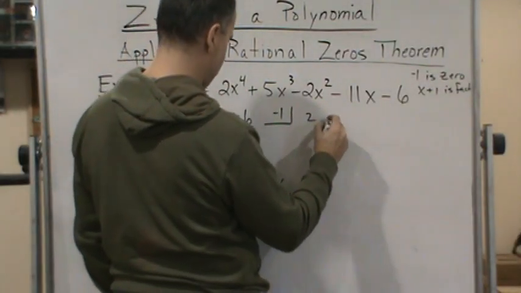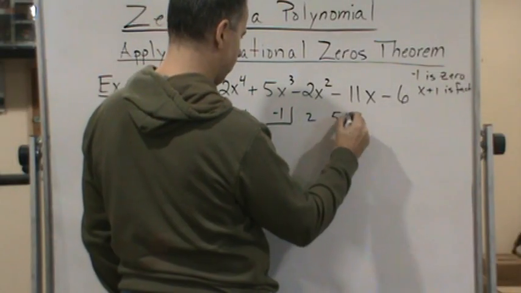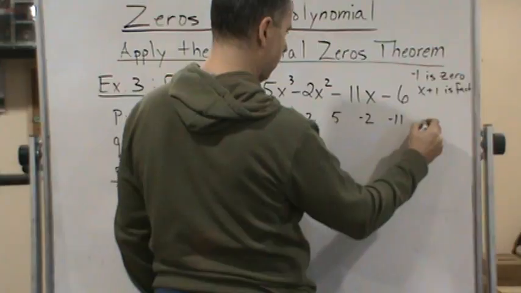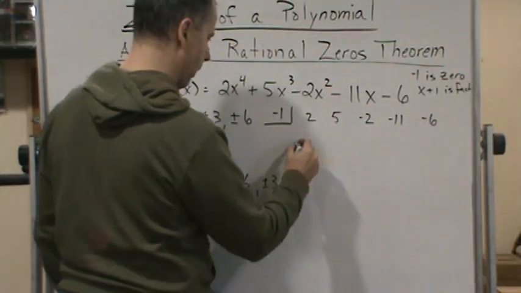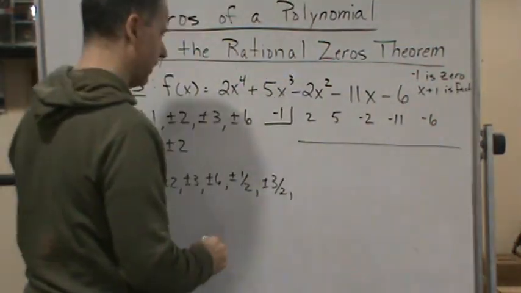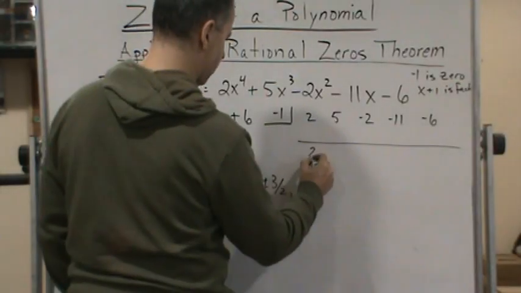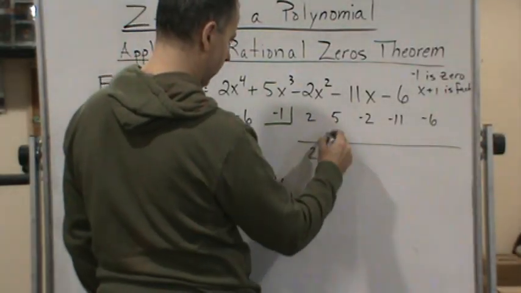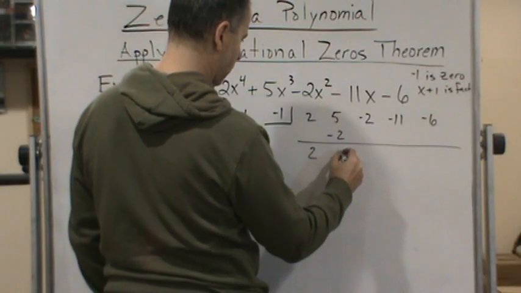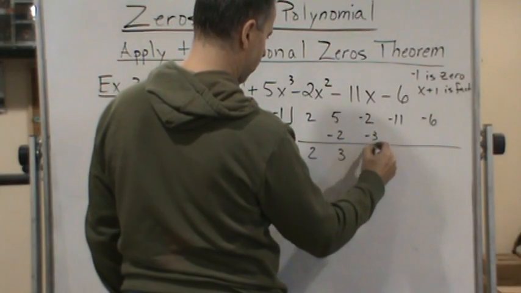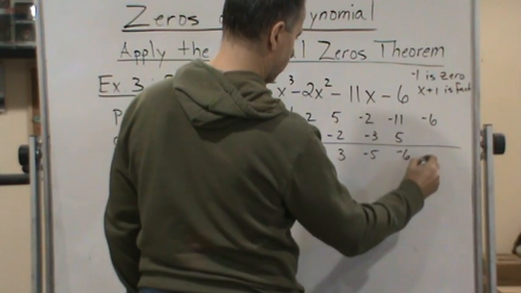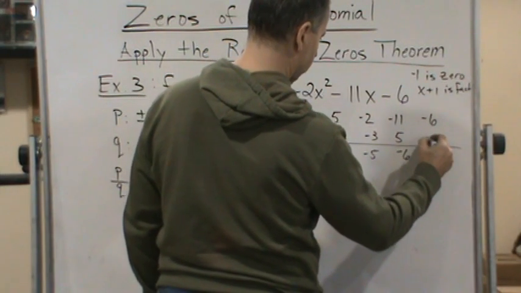So it's going to be 2, and then 5, negative 2, negative 11, and negative 6. And so now all I'm going to do is go through synthetic division. So I'm going to do 2. Now I'm just going to go through it. It's going to give me negative 2, 3, negative 3, negative 5, 5, negative 6, 0.